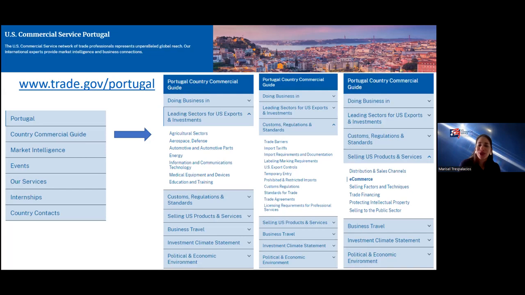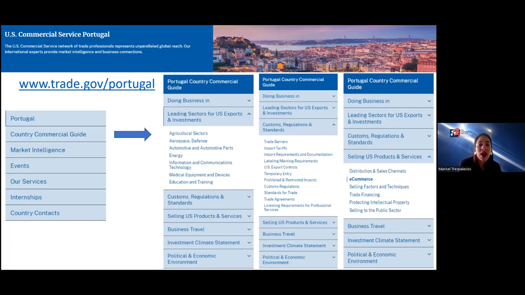I have to say that I use these guides, not on a daily basis, but almost on a weekly basis, because I get companies that come to me and say, hey, what is the process? Hey, what's the export documentation needed to go into this country? And some of the information can be a little bit general, but some of it can be very specific and super helpful.